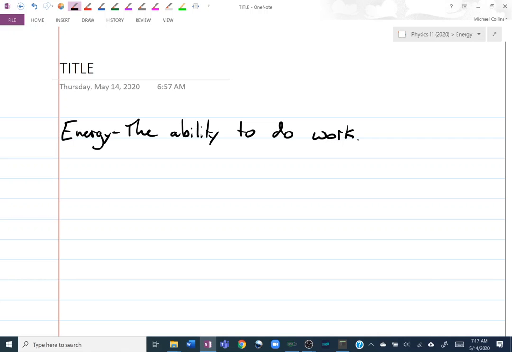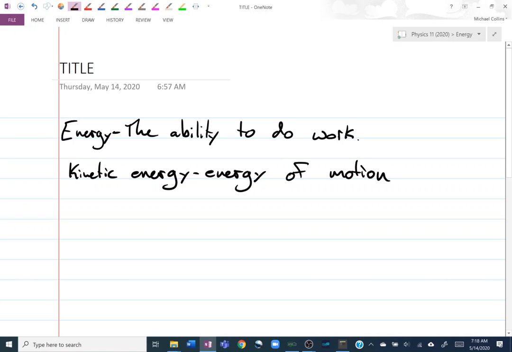We define energy... talk about kinetic energy and gravitational potential energy. So kinetic energy is the energy of motion. So what this is saying is that an object in motion has the ability to do work.